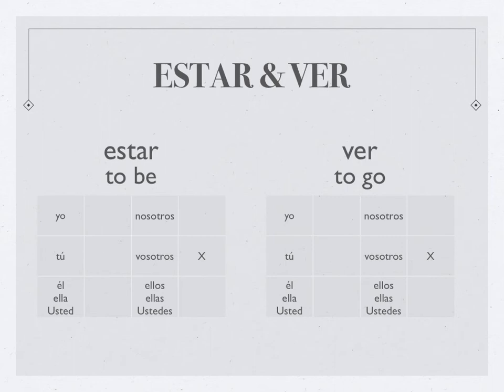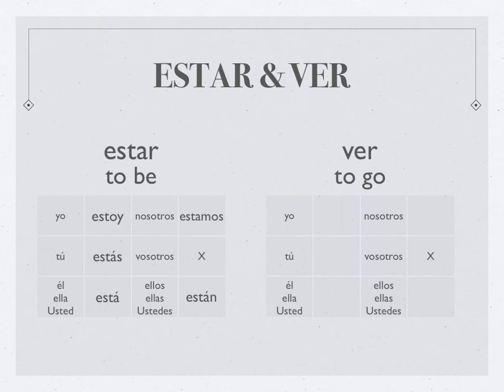Our next two irregular verbs are estar and ver. Estar also means to be, and we'll get into that in another video. So estar is conjugated like this. Yo estoy, tú estás, él, ella, usted está, nosotros estamos, ellos, ellas, ustedes están.